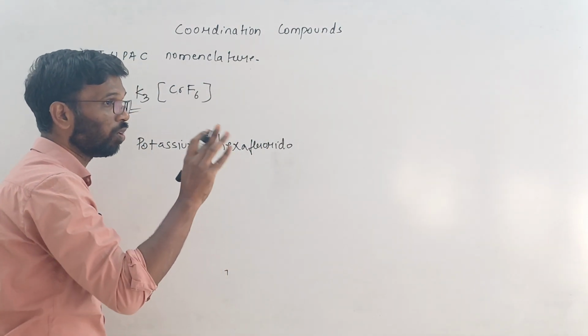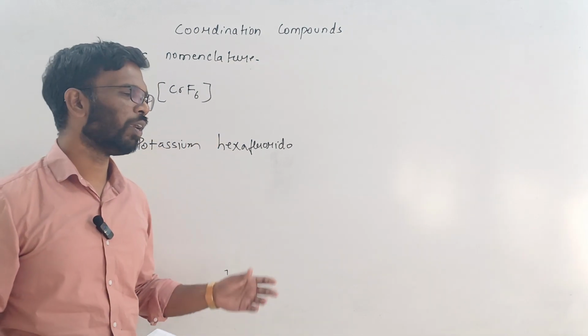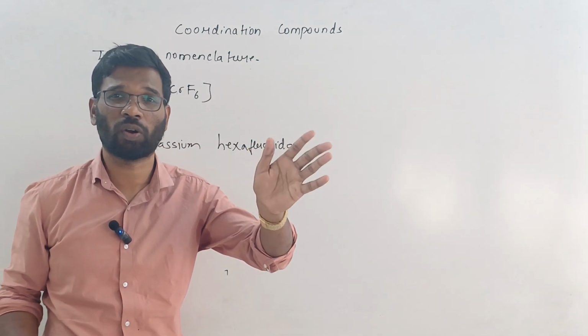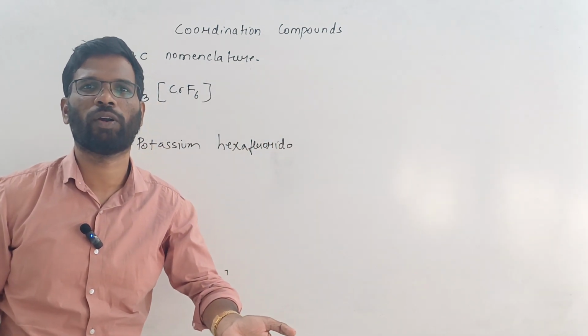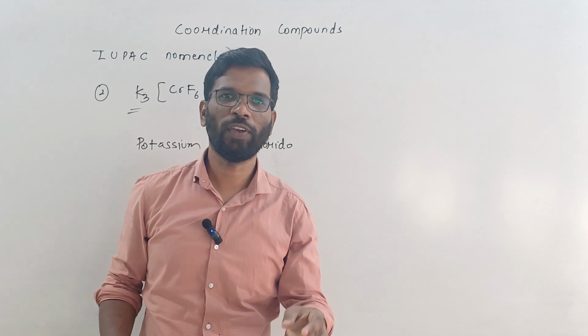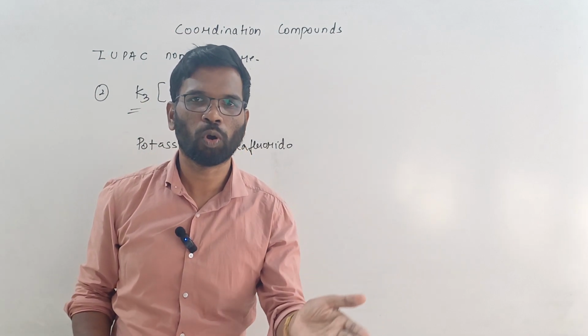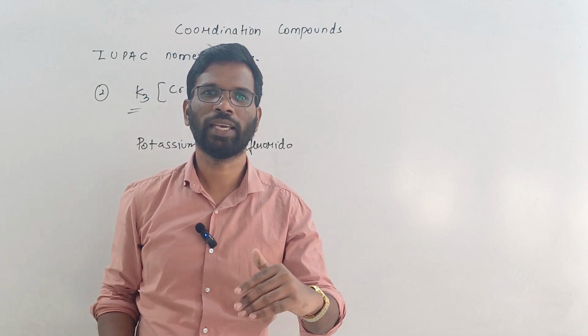Fluorido is for a negative ligand, nothing to do with the coordination sphere. Whether it is a positive or negative coordination sphere, we will always write negative ligands as fluorido, chlorido, bromido, nitrito, cyano.